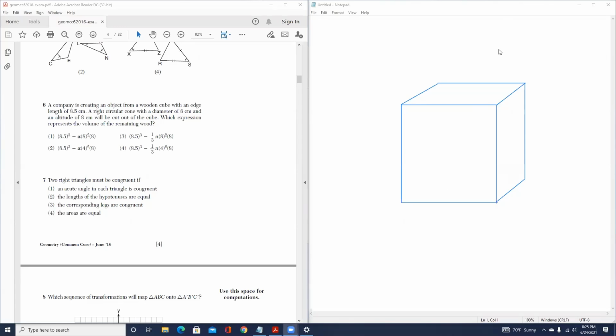So I'll use a different color. I'm going to use red to represent the negative space. There we go, that looks a lot better.